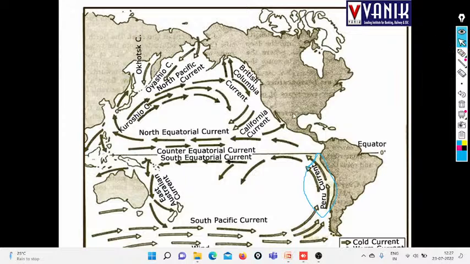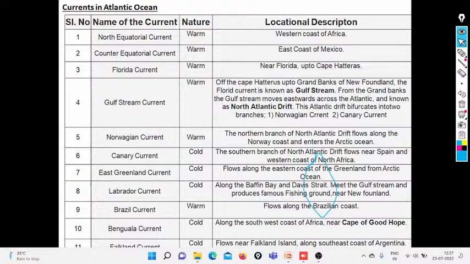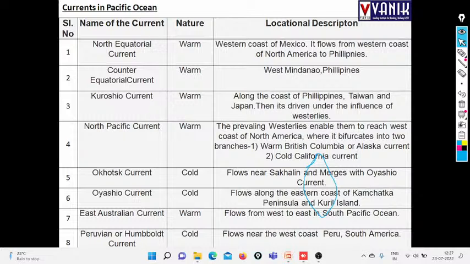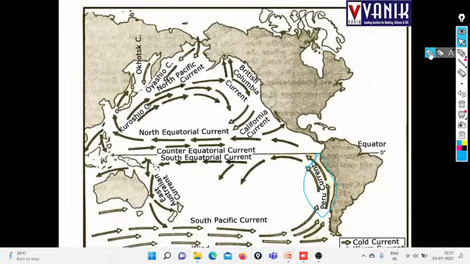Then next. So this is all about your Pacific Ocean currents. Here we can see the North Pacific current, British Columbia on this side, the North Equatorial current, the California current, the Peru current here, then the East Australian current.